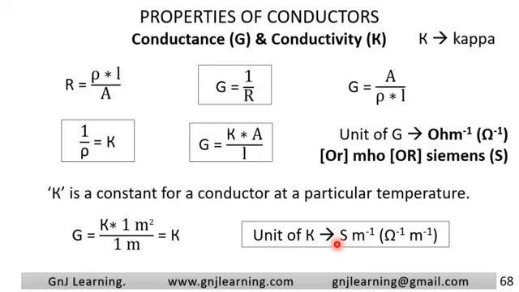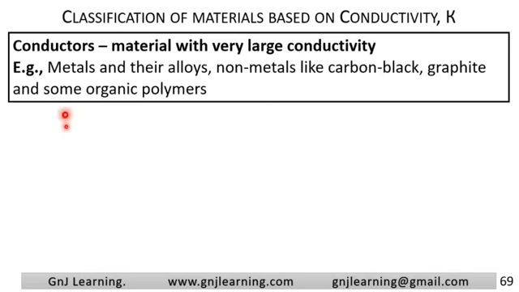Now, so far we have studied the properties: resistance, resistivity, conductance, and conductivity. Based on conductivity, we can classify the materials into 4. First one is conductor, materials with very high conductivity. Examples: metals and their alloys, and non-metals like carbon black, graphite, and some organic polymers.